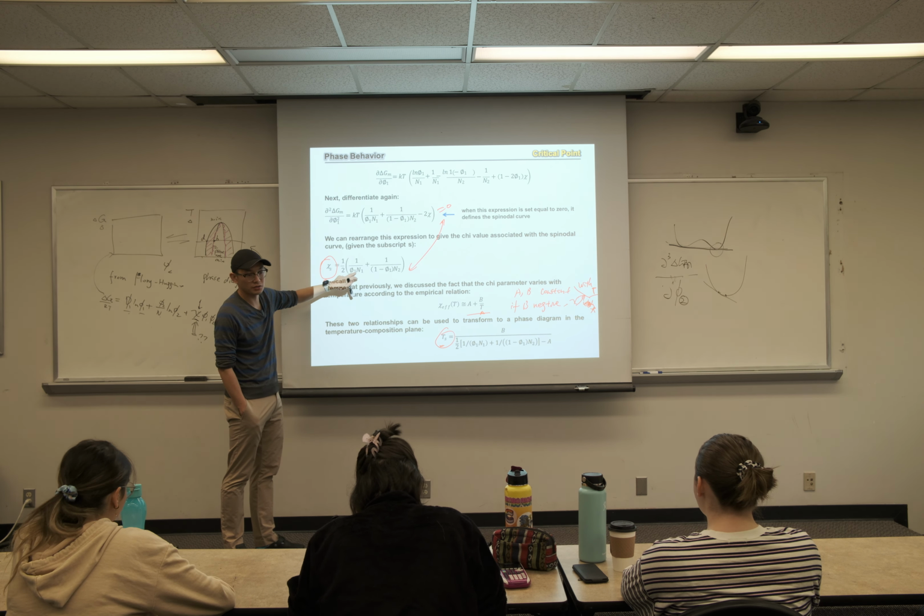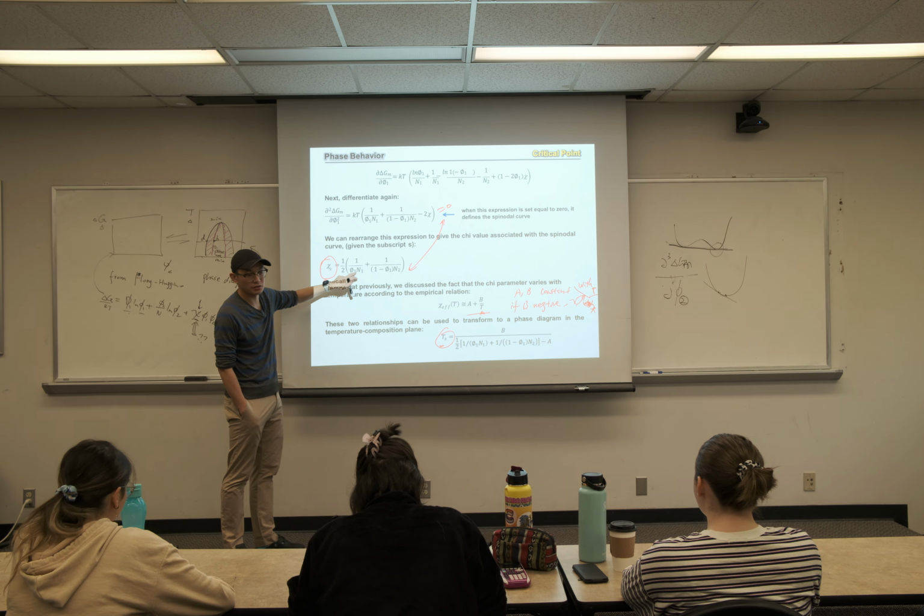And one important reason why we have different dependence of this phase behavior is because chi usually is a parameter related to the temperature. So if you have a handbook where you can get the A value and B value, and we know this is what would be defined in the boundary condition, we can calculate the phase diagram by looking at this temperature that defines the spinodal composition, the spinodal line.